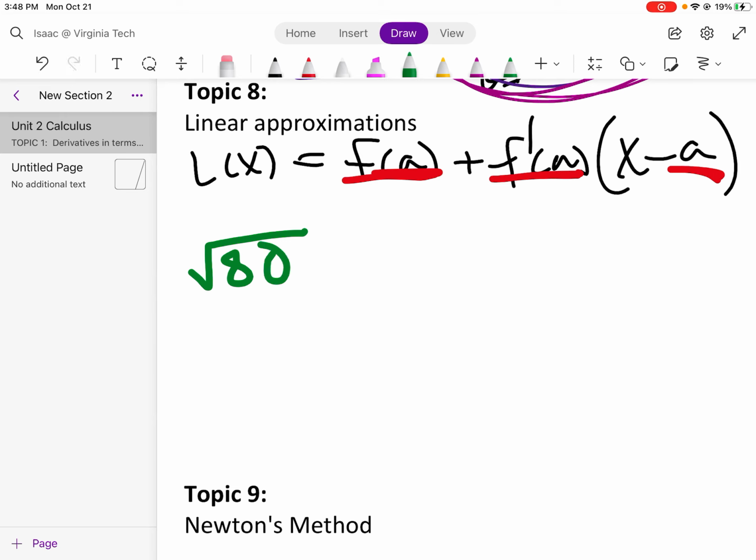That's a little simpler. Before, you might just think, okay, that's going to be kind of close to 9, because the square root of 81 is 9. But that's not good enough for people in the old days. If we're trying to build bridges, it's not good enough to say it's close to 9. Then, goodbye bridge. So that's why we need to use this.